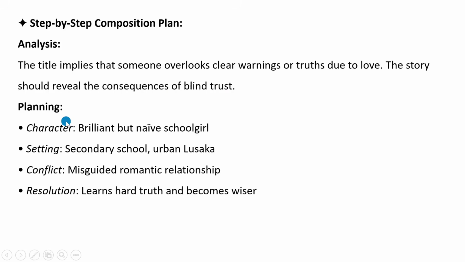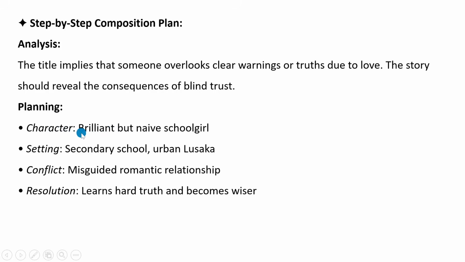Now, planning. What are you planning? You should plan here the character. Who is the character in this case? A brilliant but naive schoolgirl. So the character who is going to act, who is going to realize that love is blind, should be chosen.